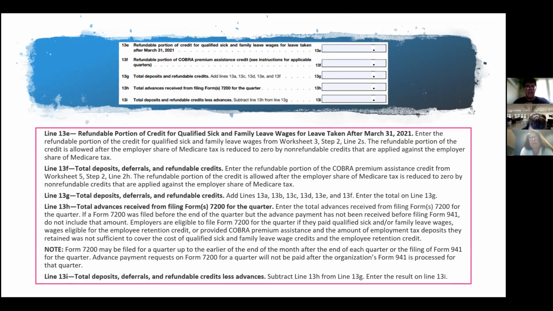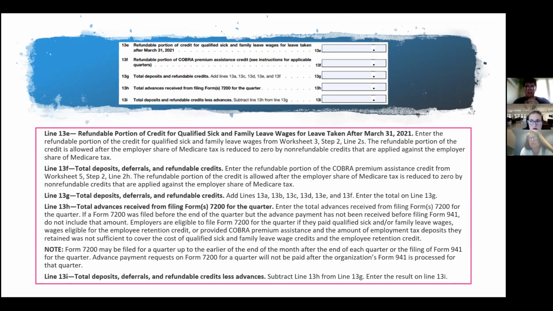And line 13E is the refundable portion credit for sick and family leave wages taken after March 31st. And 13F is the total deposits, deferrals, and refundable credits.